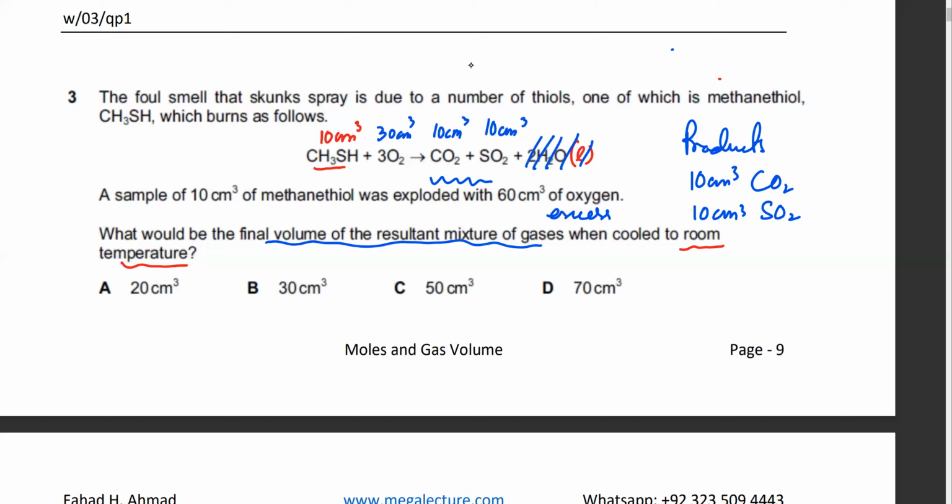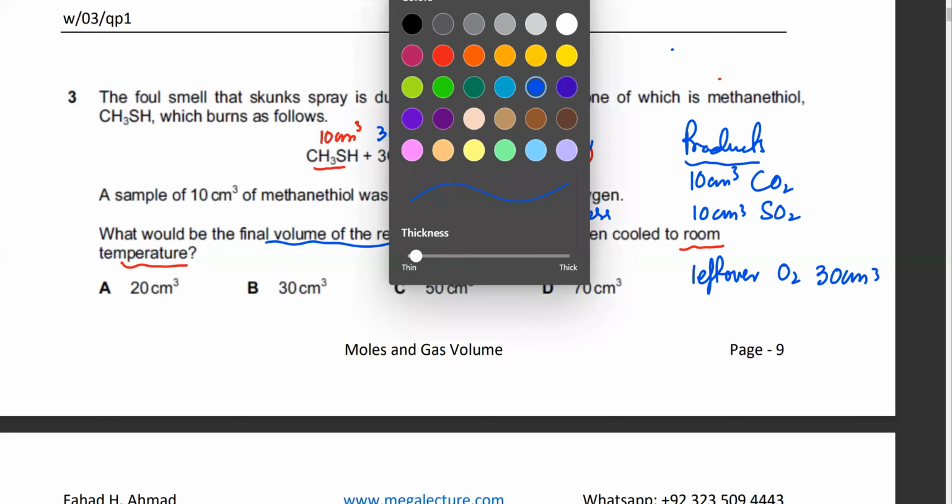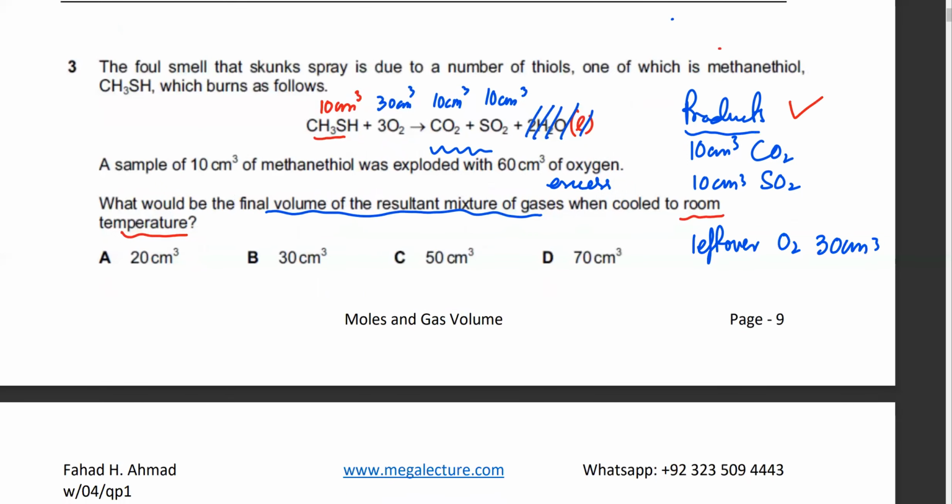So the resultant mixture will have your products, but it will also have the leftover oxygen, which is 30 cm3. So the final mixture of gases would be the products plus the leftover reactant, which is O2. So it's 10 plus 10 plus 30, that would be 50. So the answer is going to be 50 cm3.